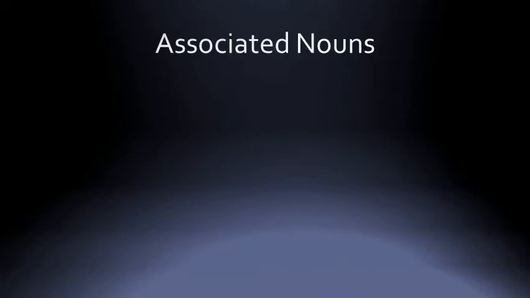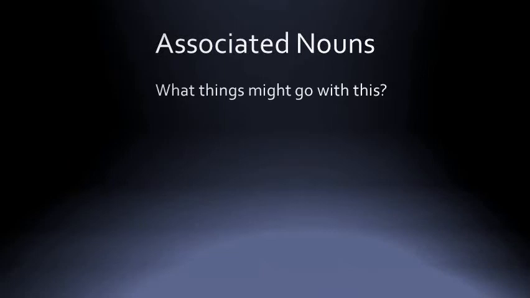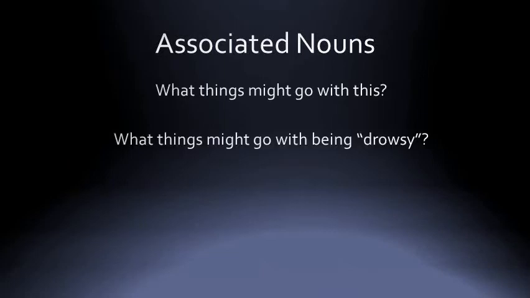The next feature is associated nouns. And remember, a noun is a person, place, or thing. When we're thinking about associated nouns when describing adjectives, we're thinking of any things that have to do with the word that we're describing. So we might want to ask ourselves what things might go with this, or what things might go along with being drowsy, or even what might make us drowsy if we want to make our question even more specific.